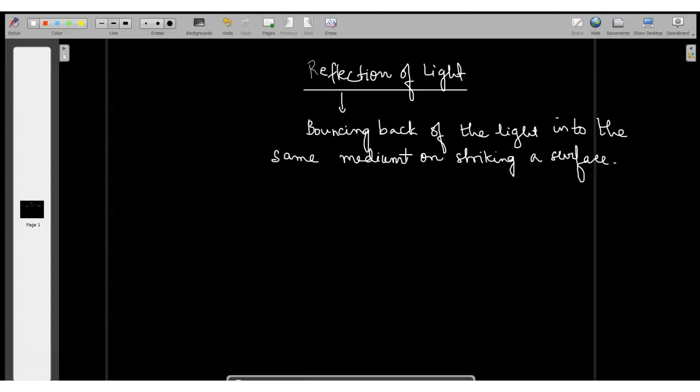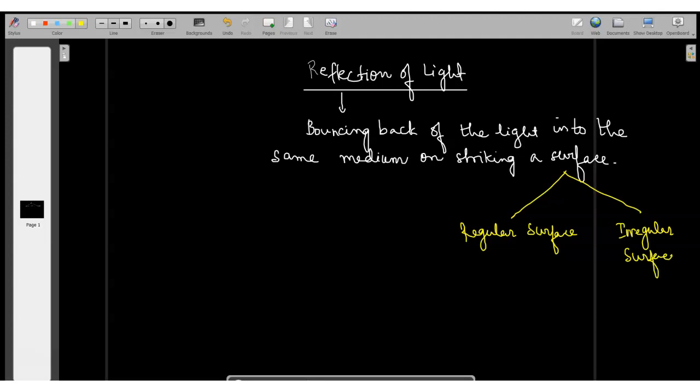Okay. Now, every surface can be of two types. The surface can be a regular surface, or an irregular surface.